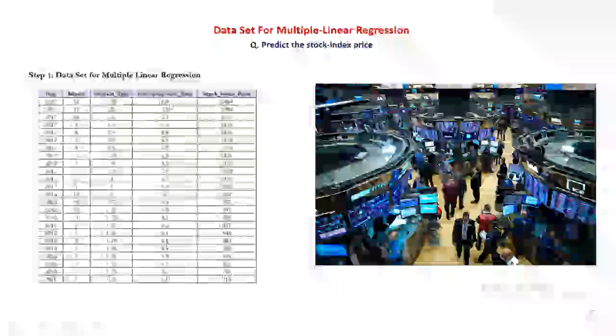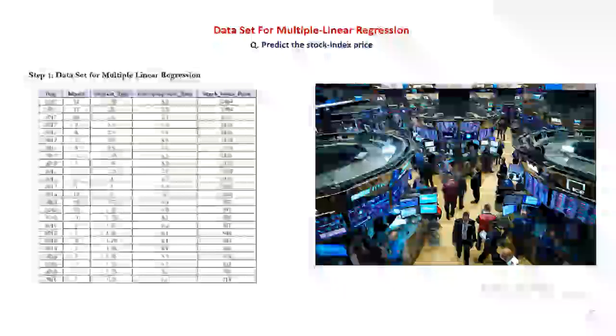If the unemployment rate is less, the stock index price is higher. At one glance you can see some patterns, some kind of correlation: stock price and unemployment rate are negatively correlated. But how are you going to model it, because you also have another factor, the interest rate? How are you going to include it in your modeling?